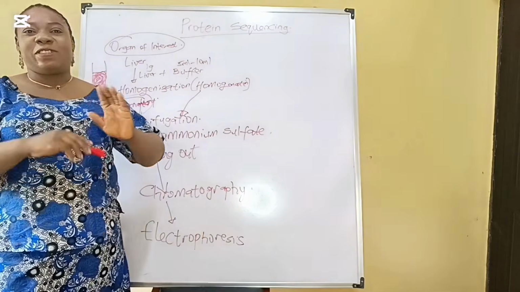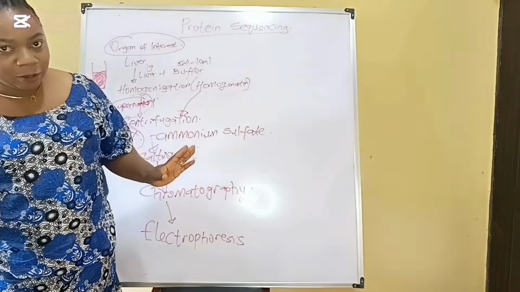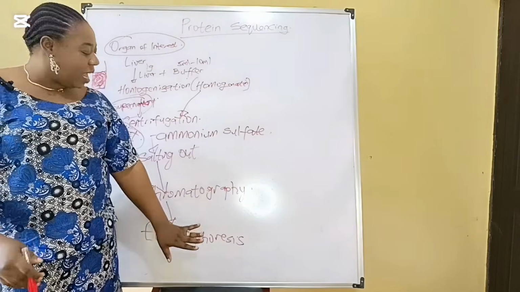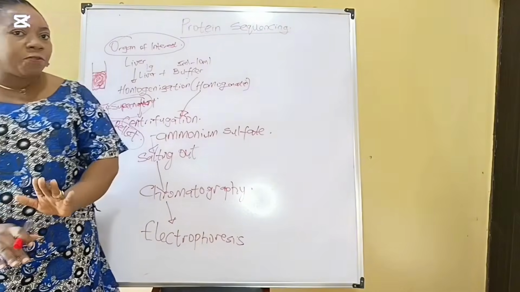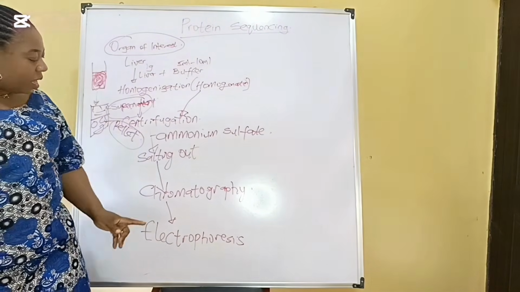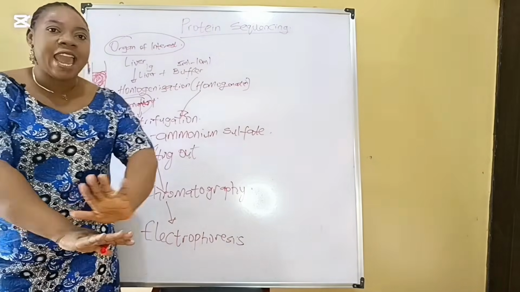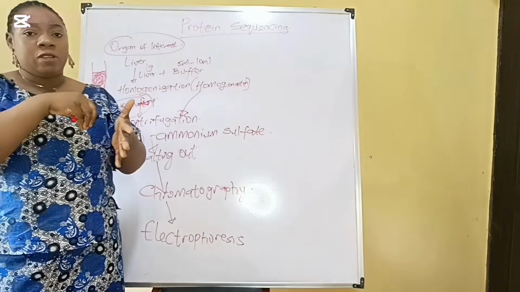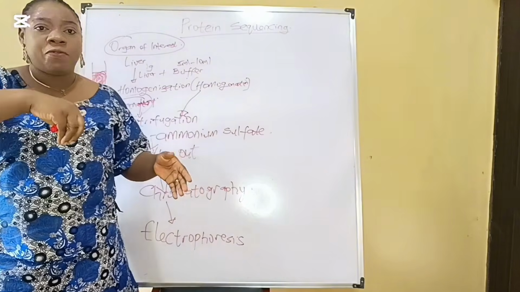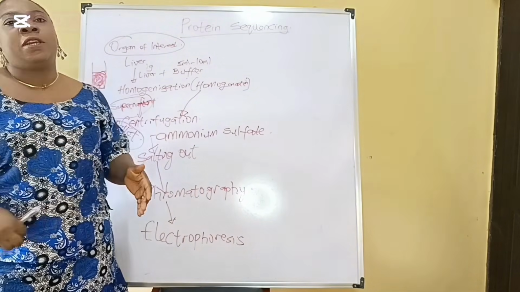This is the process of separation using electric charge. Electrophoresis is just the reaction between your sample of interest that was gotten from chromatography and an electric field. The interaction of the sample in that electric field will determine how the sample will be separated.